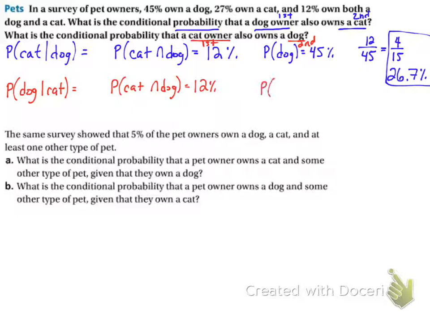And then the probability that someone has a cat this time is 27%. And so again, I can go 12 divided by 27, which gives me 4/9, which is 44.4%.